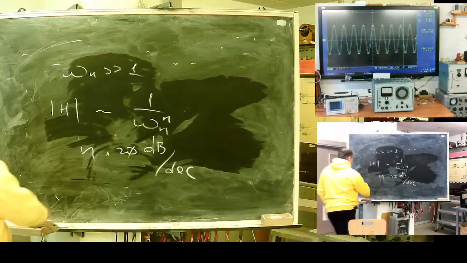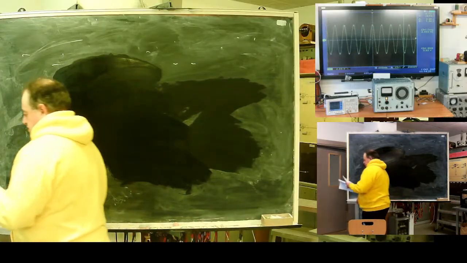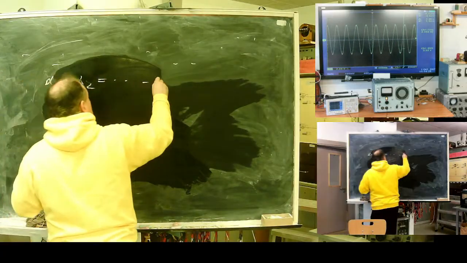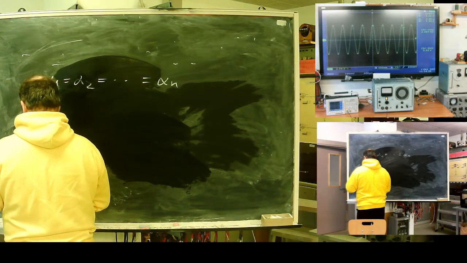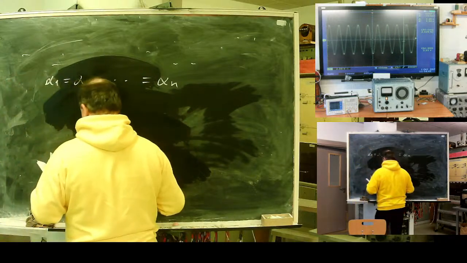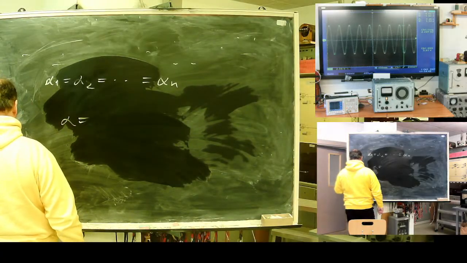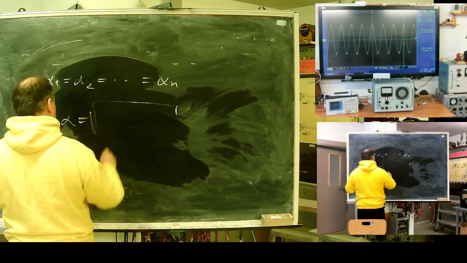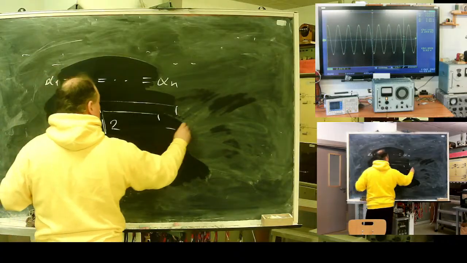If all cells are equal, so alpha 1 equals alpha 2 equals alpha n, you have all cells equal. You will get the square root power n of 2 minus 1.